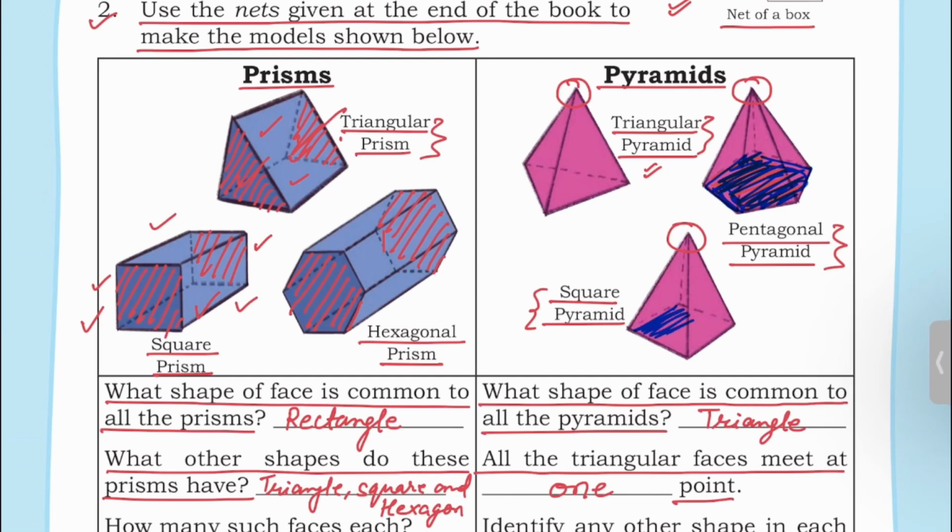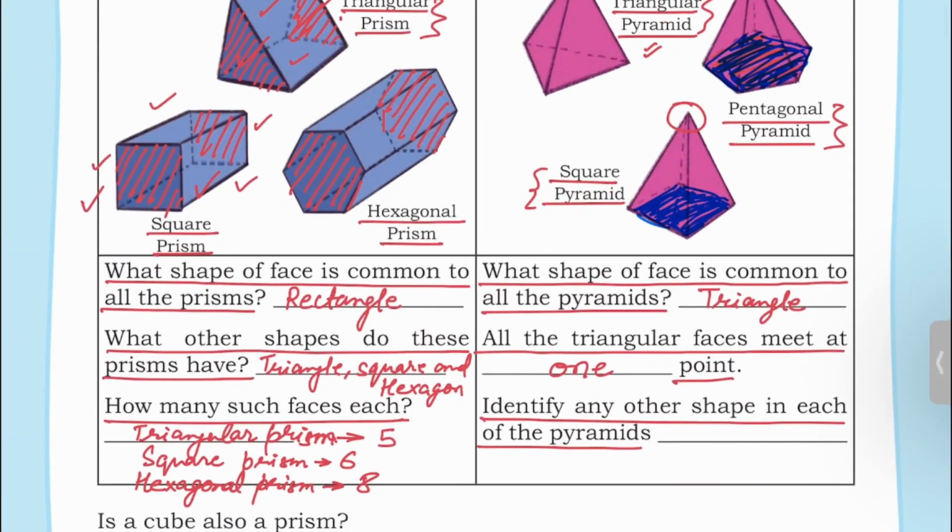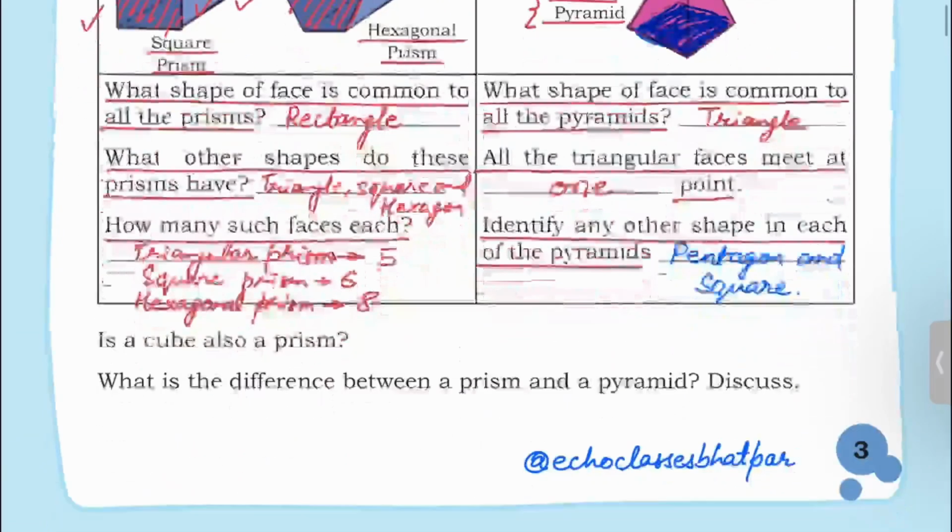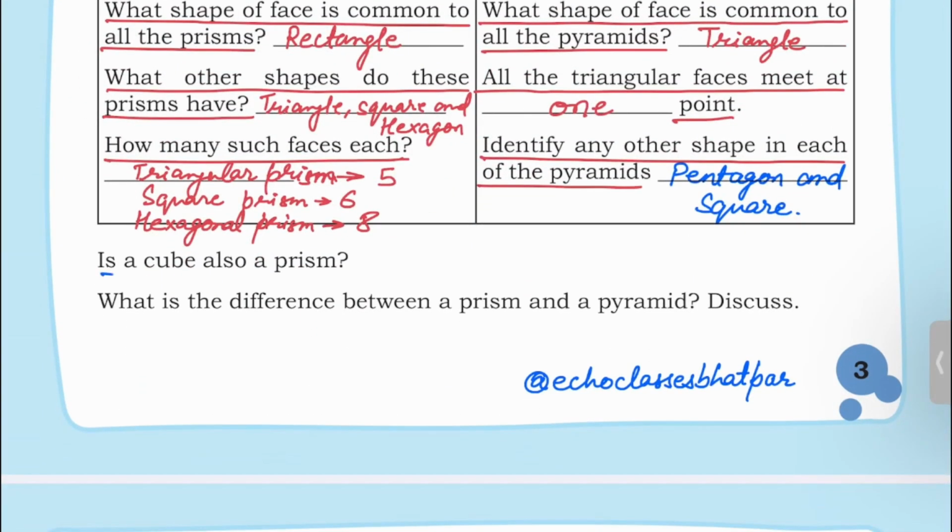Similarly, in square pyramid, you can see one square shape at the bottom. The answer is pentagon and square. Is a cube also a prism? The answer is yes.